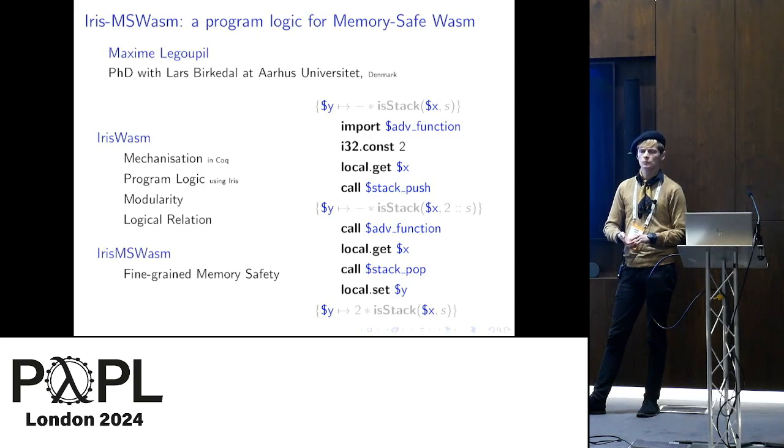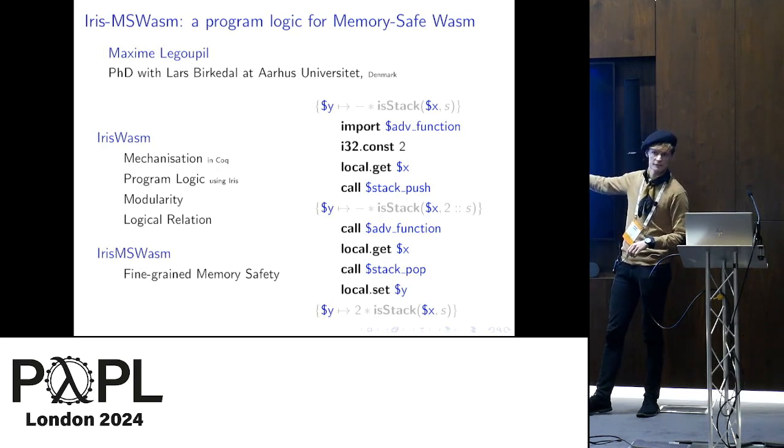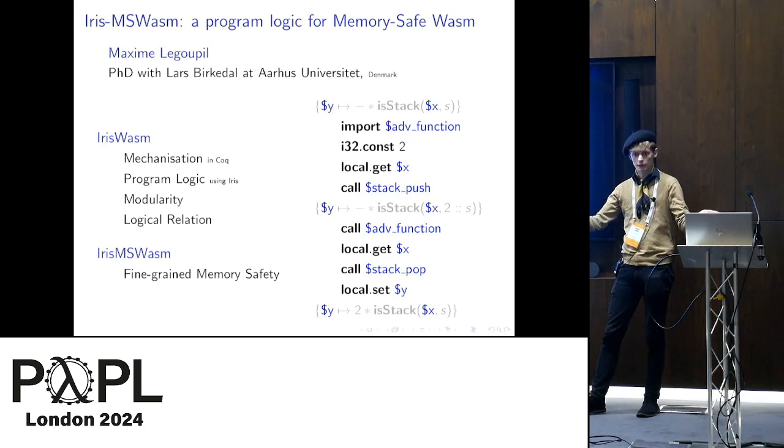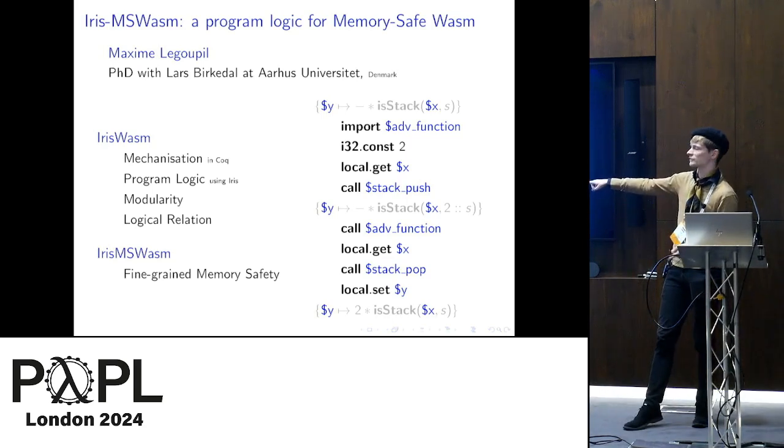This will be the first thing to be looking at. So we're still in the early stages of writing examples in Iris MS WASM, but we have implemented the exact same stack example we had in Iris WASM in Iris MS WASM, and we're currently exploring what we can prove in Iris MS WASM that we could not prove in Iris WASM, and this kind of example is exactly what we're looking at.